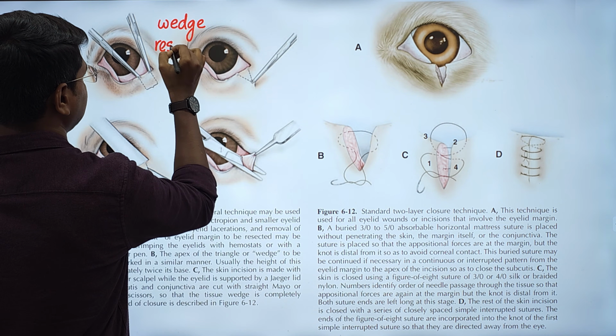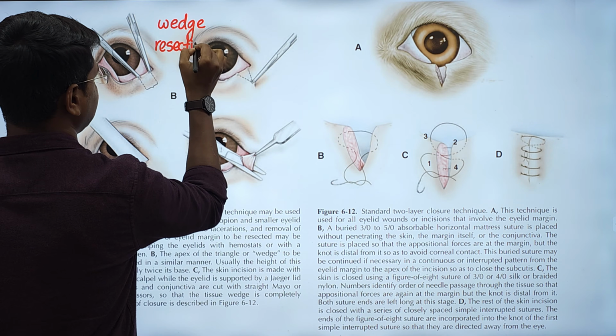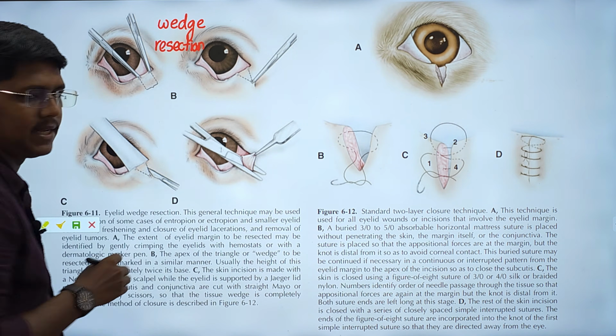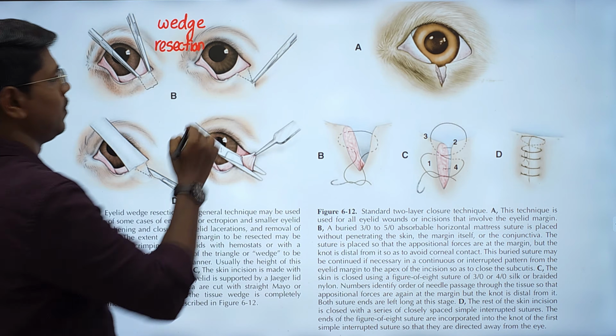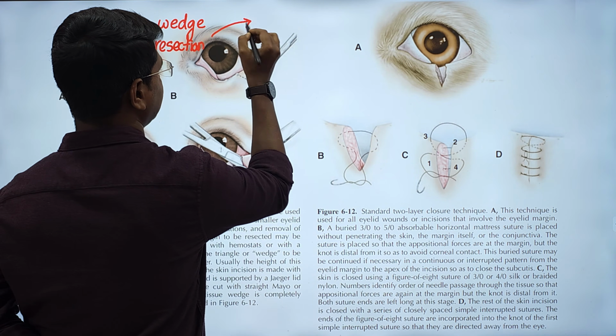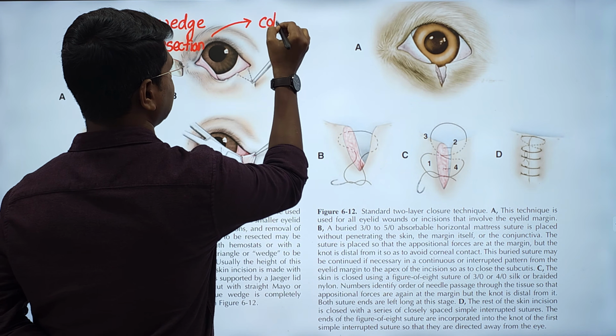Wedge resection surgery is actually a technique. This wedge resection is a technique which can be used for surgical correction of, the first one I told you, coloboma.